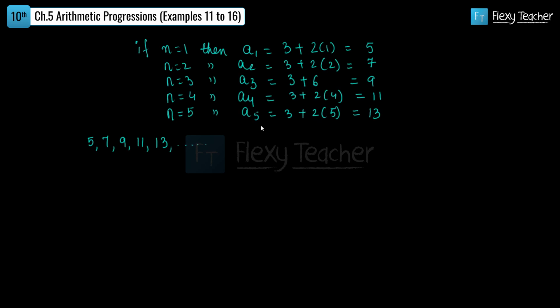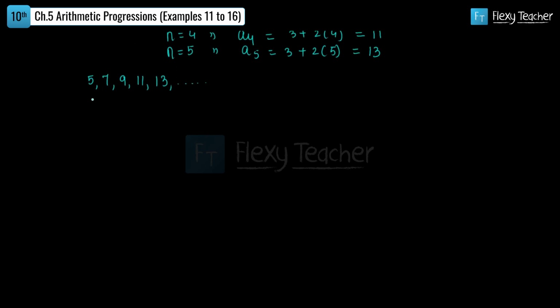Okay, अब इसमें से हम क्या कंक्लूड कर सकते हैं? a is equal to 5, d is equal to 7 minus 5 2, 9 minus 7 2, 11 minus 9 2, 13 minus 11 2. So d is 2. Okay, a is equal to 5, d is equal to 2. ये हमें मिल गया यहाँ पे. And n is equal to 24. हमें फाइंड करना है the sum of the first 24 terms.